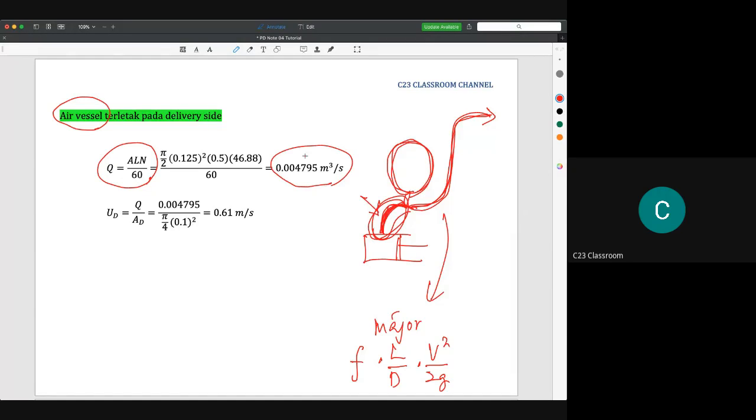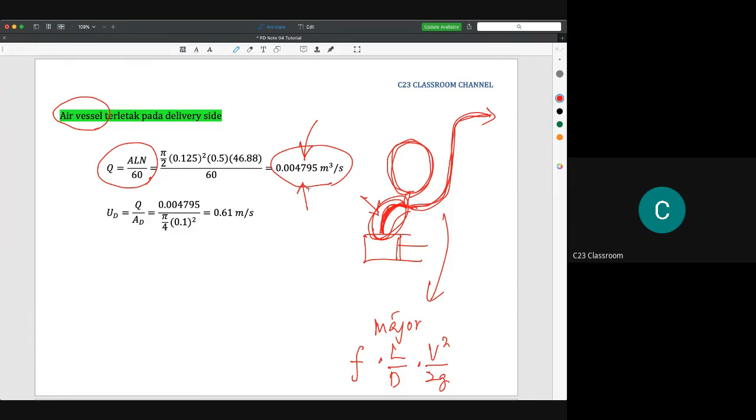And please bear in mind that when you calculate flow rate for this subject, please calculate it to a very detailed number. It might not be worth it for you to get only 3 or 4 decimals, because the unit of meter cube per second is quite large in terms of tolerance.